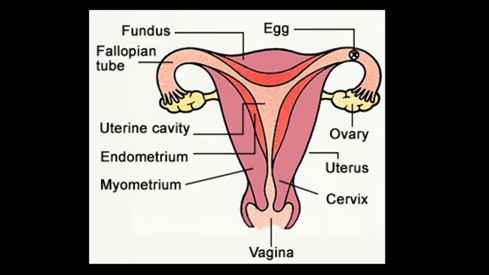Means its main function happens when the baby is going to be born. The endometrium is the inner glandular layer that lines the uterine cavity, and it changes during the menstrual cycle.